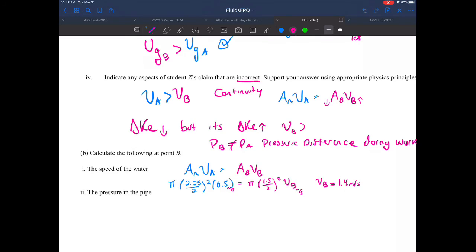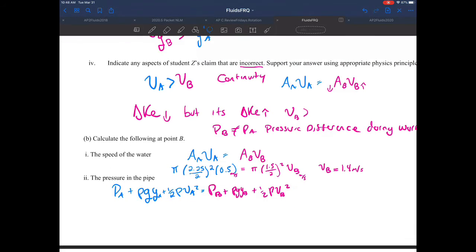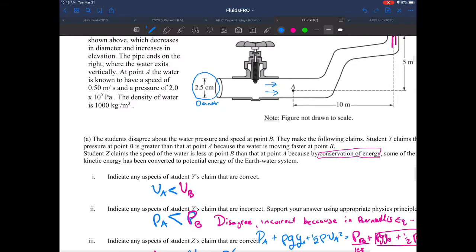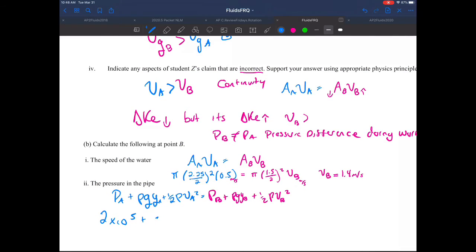Now let's get the pressure in the pipe. That's going to go to our Bernoulli's equation right here. Okay, and we'll go ahead and fill it in. Let's take the information from above in the problem. All right, so PA is 2. Let's call that height 0.